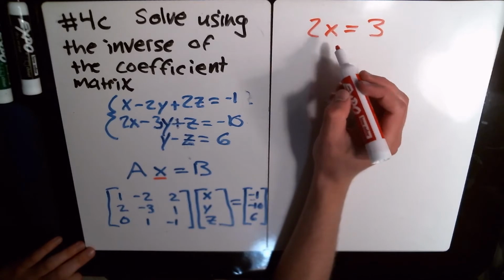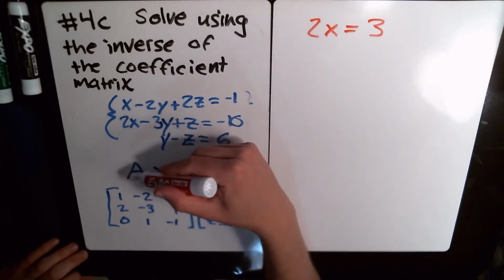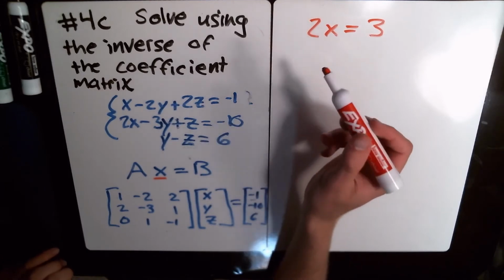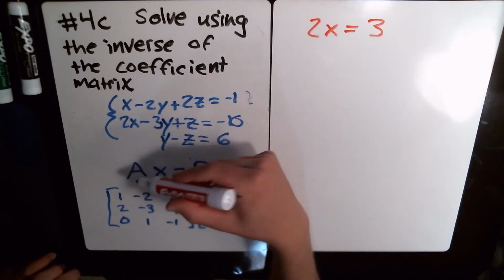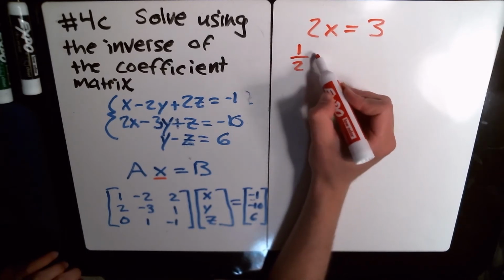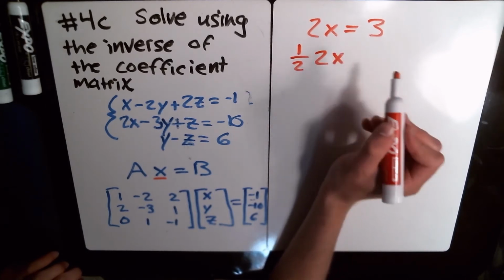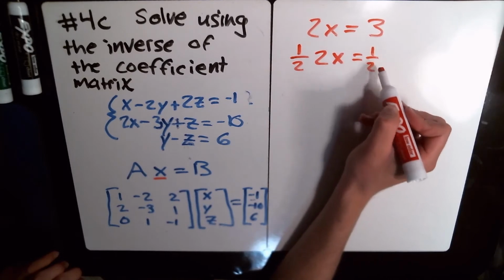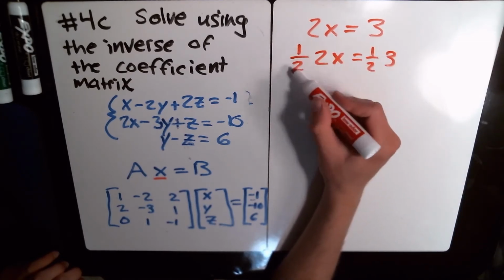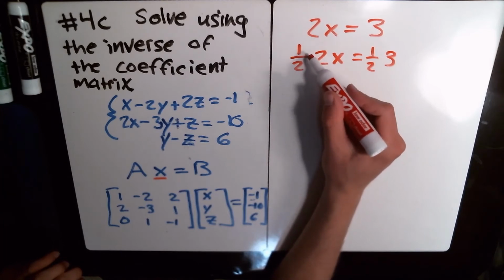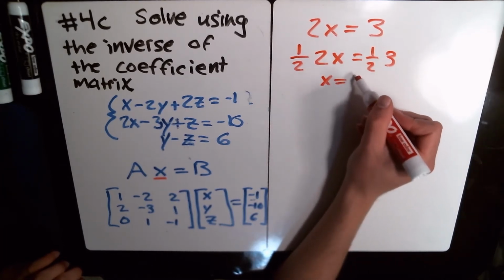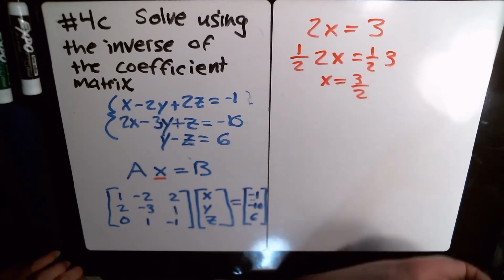The only issue with matrices is we can't divide by matrices, but we can multiply by something. Kind of like in this case, instead of dividing by 2, I could also just multiply on both sides by 1/2. Then these cancel out and you get 1. And so you get x is equal to 3/2, right?